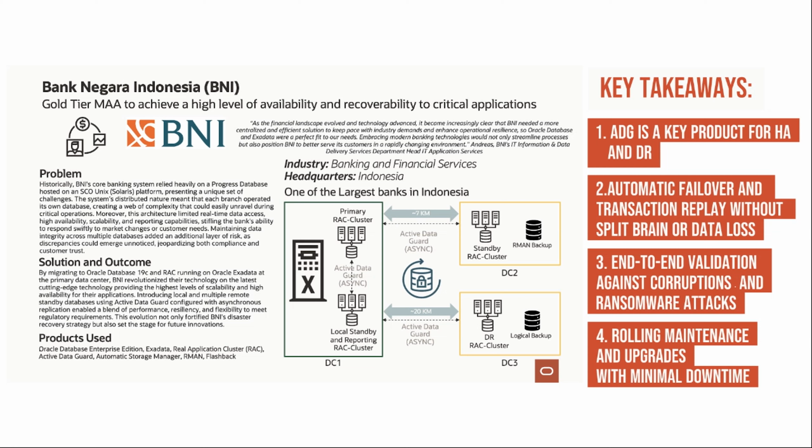Contrary to many other technologies in the market, Active Data Guard is able to validate the data itself. Other products in the market only replicate blocks and they have no idea what they are replicating, so they don't have the capability to fix corruptions of the data when being replicated.